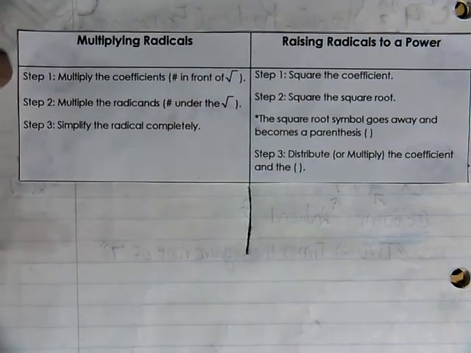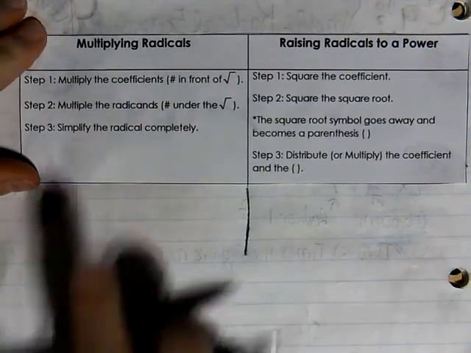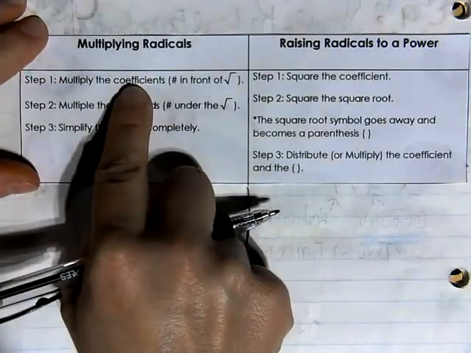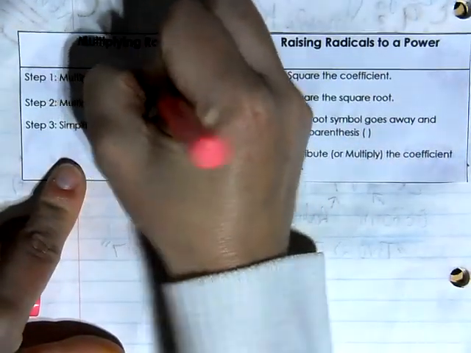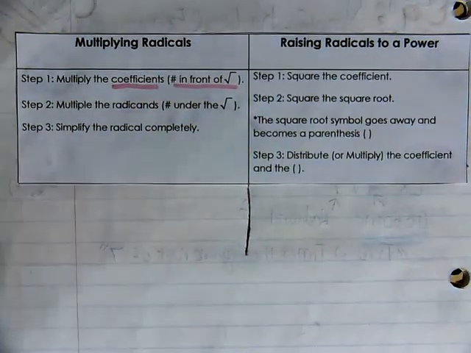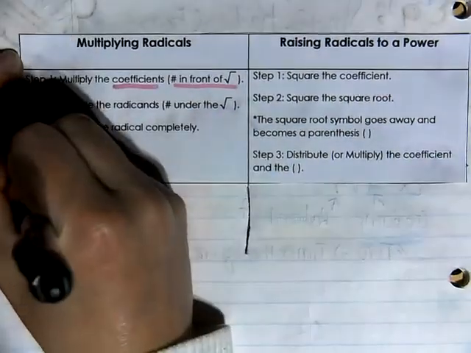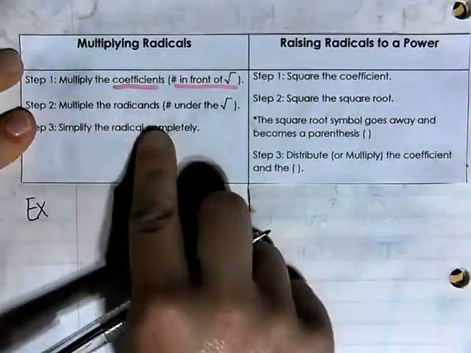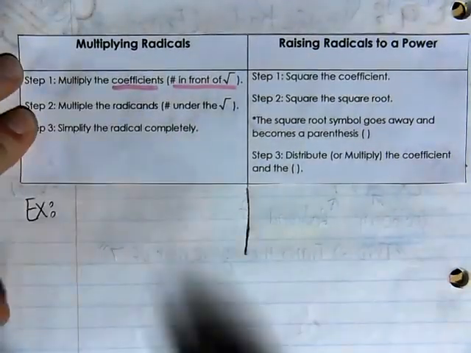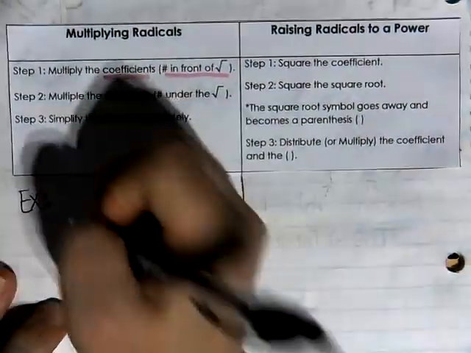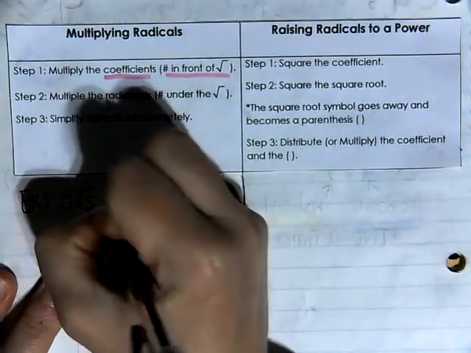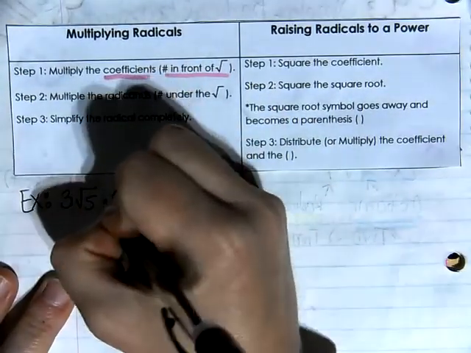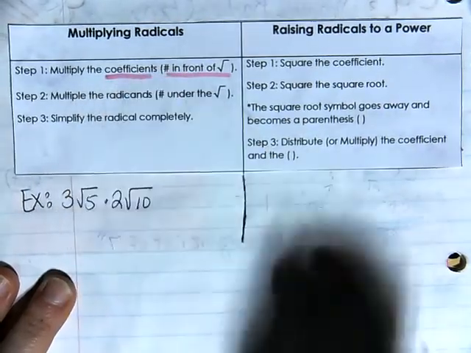Whenever you're multiplying radicals, the first thing that you want to do is multiply the coefficients. Now remember that coefficients represent the number in front of your radical. So that is always our step one. I'm going to do an example as I'm explaining multiplying. My example is going to be 3 times the square root of 5 times 2 times the square root of 10.